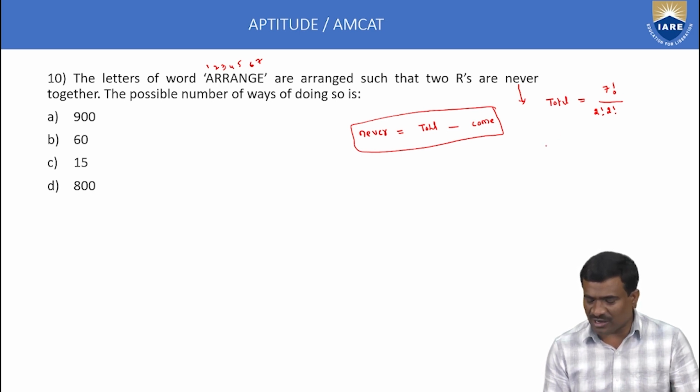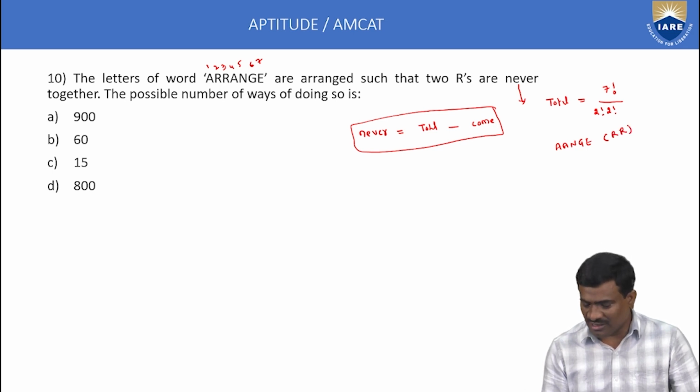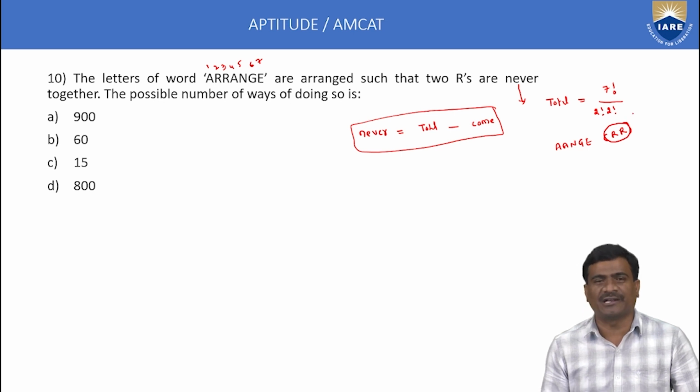Next, find come together. That condition is always written in brackets. Here the event condition is only that the 2 R's come together. This is considered as one letter. The total number of letters is 6, so 6 letters arrange in 6 factorial.